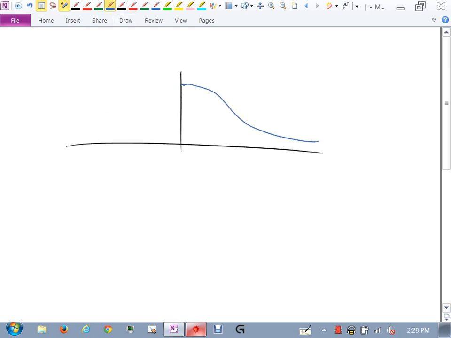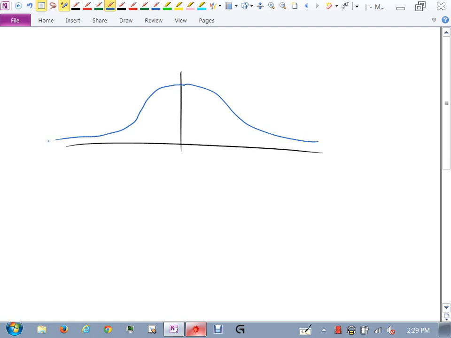Y'all ever seen a bell curve? Looks like that. That's the standard normal curve. That's our bell curve. It has the characteristic that the total area under the entire curve in both directions, and it goes forever, is 1.